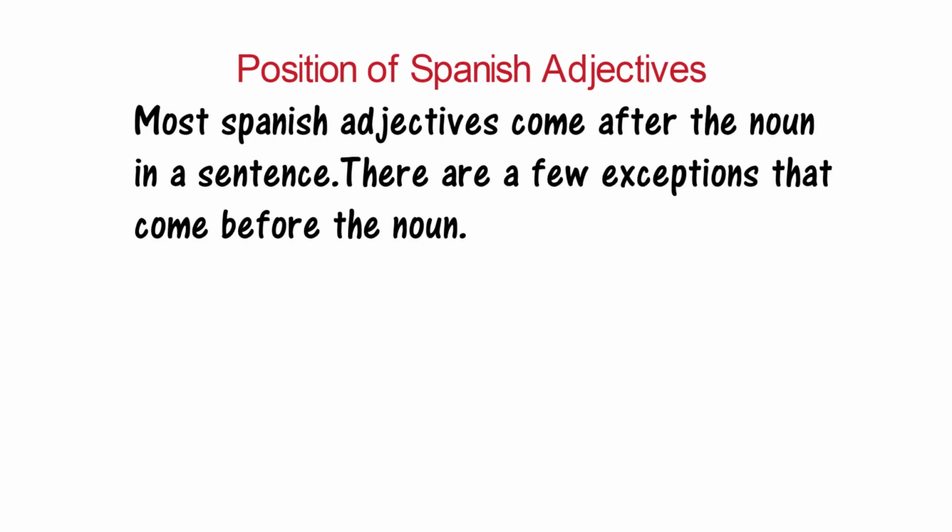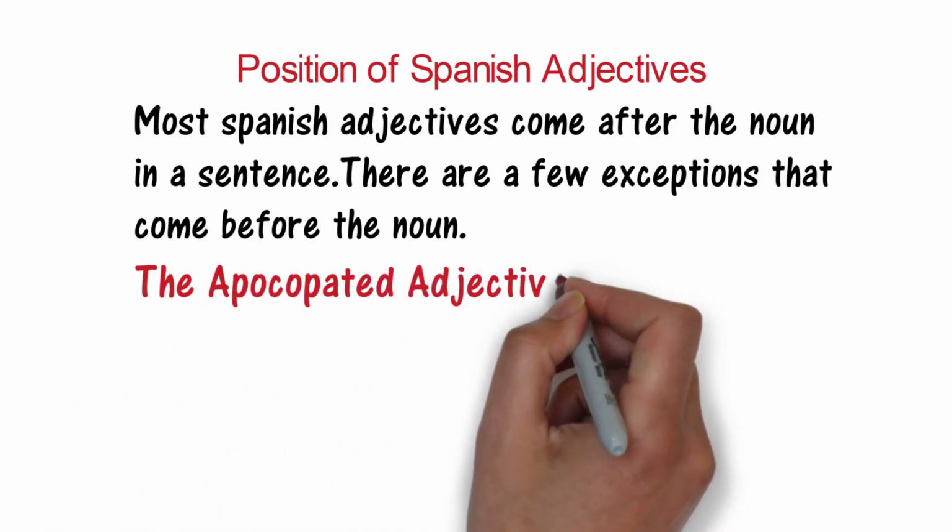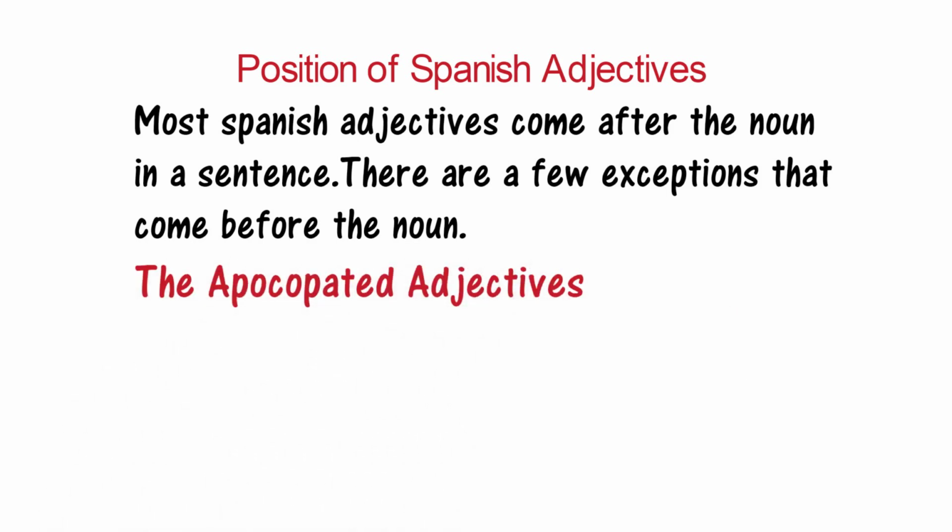Also note that some adjectives come before the noun. Most Spanish adjectives come after the noun, but we have a few exceptions where the adjectives come before the noun. Examples of such adjectives are what we call apocopated adjectives.